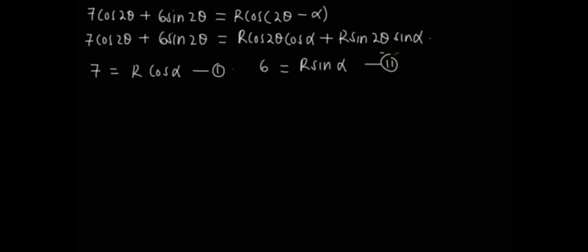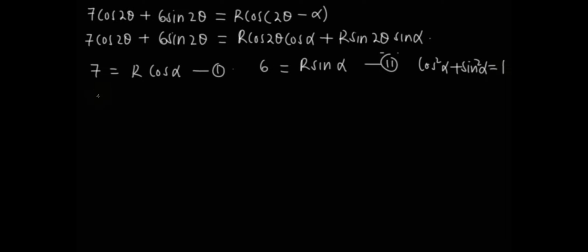Therefore, we are going to begin by eliminating α using the identity cos squared α plus sin squared α equal to 1. Now my question is, how are we going to do it? It's very simple.